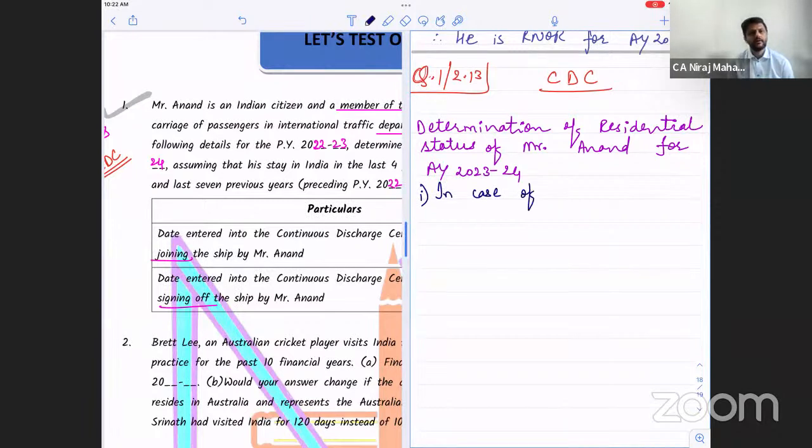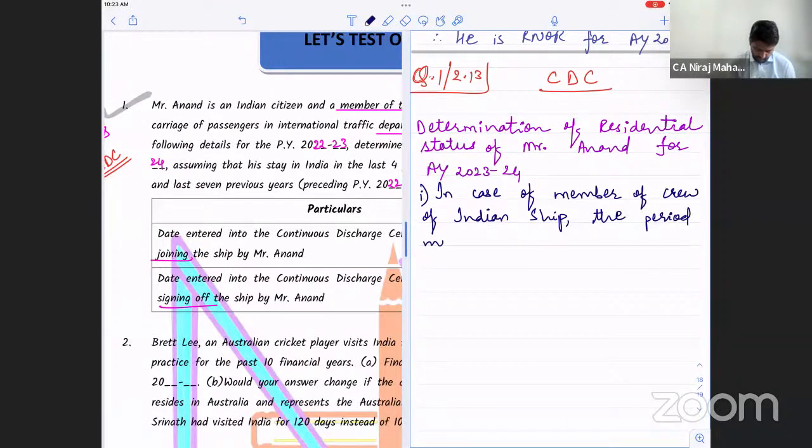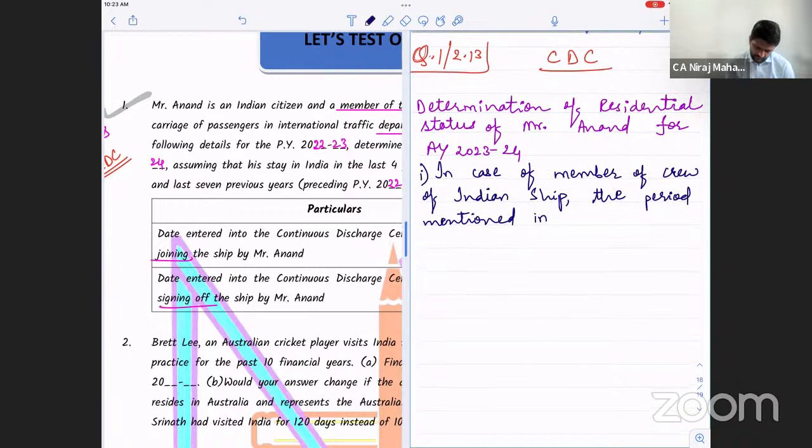In case of a member of crew of an Indian ship, the period mentioned in CDC shall be excluded.